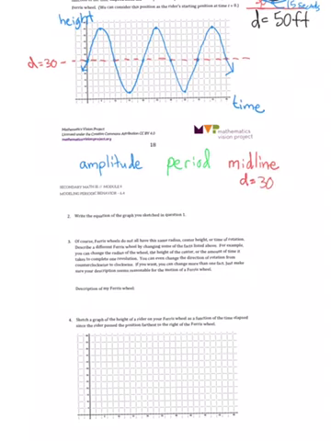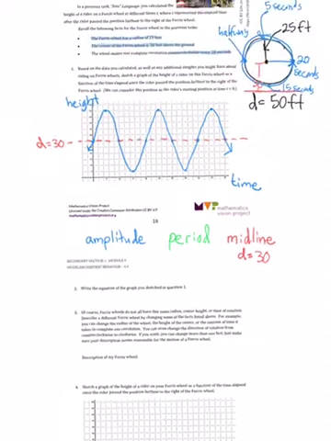When we're talking about the period of the function, a good way to tell where the period is, usually, is from peak to peak, right there. So that's one period right there. Another way you can tell where a period of a function is, is from trough to trough. So right here is another example of one period.